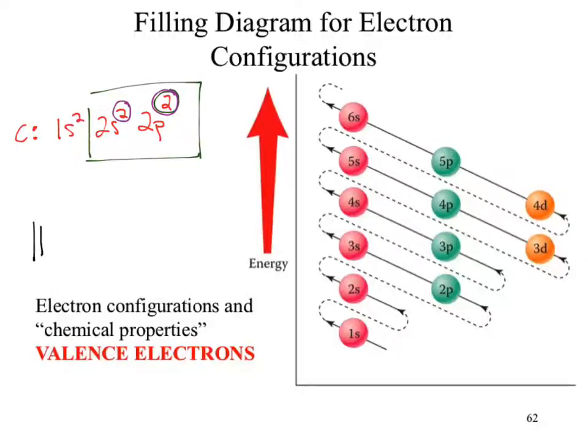Let's look at hydrogen. Hydrogen was what electron configuration? 1s1. How many valence electrons does hydrogen have? 1. What's the name of its column? 1. Beryllium? Beryllium was 1s2, 2s2. Valence electrons would be the highest energy. How many valence do we have? 2.